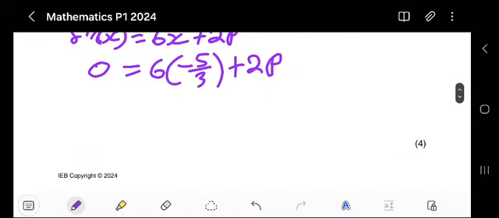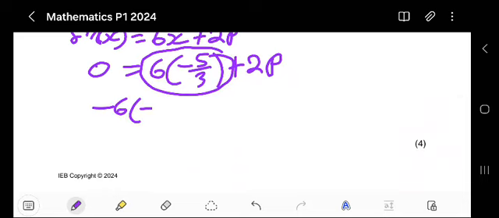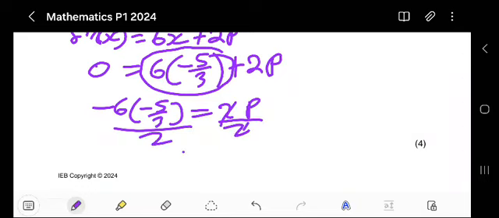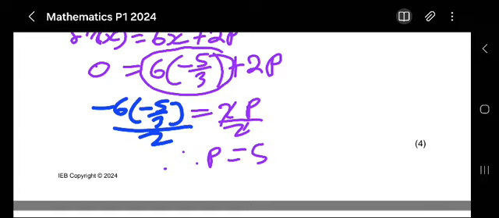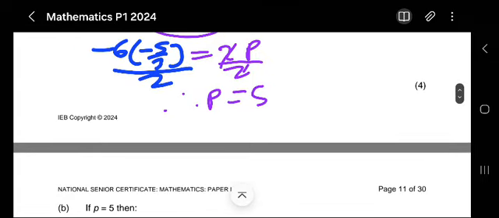Then just take these terms there, divide by 2, and we find p will be equal to 5.